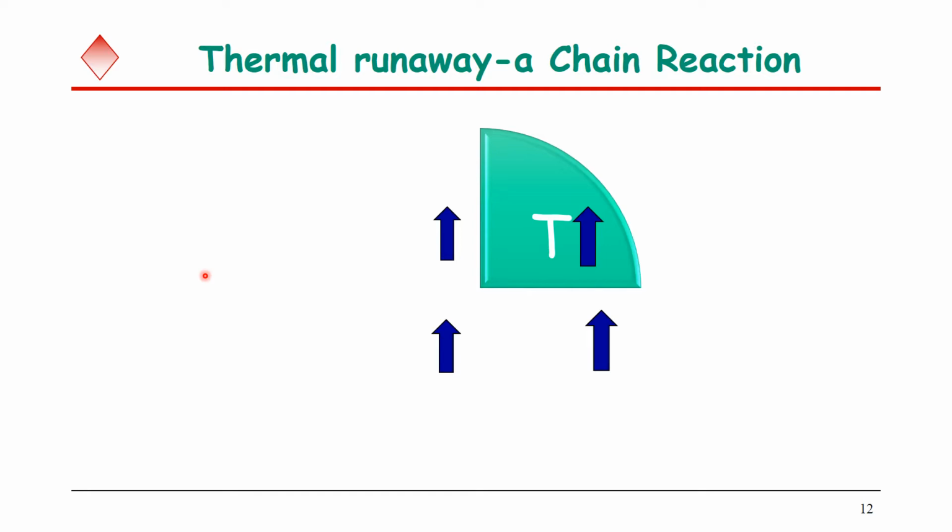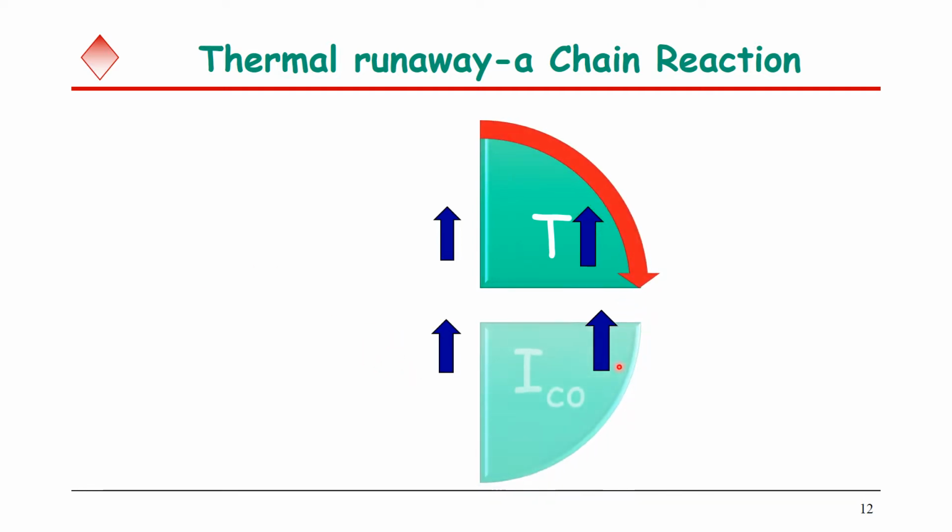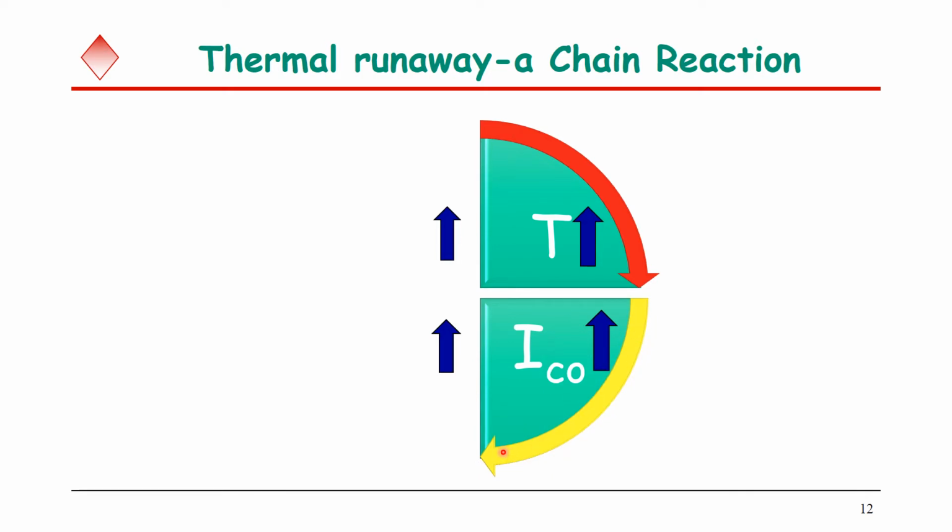Because of the rise in temperature, the concentration of minority charge carriers increases. Because of this increase, ICO, the current due to minority charge carriers, is increased. When ICO is increased, it obviously results in an increase in collector current IC, as per the current relationship we discussed before.